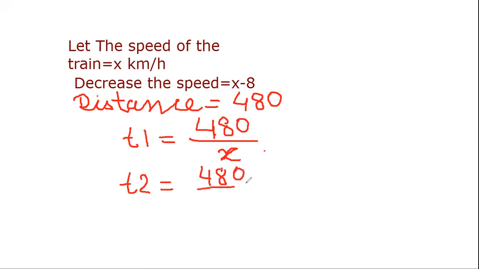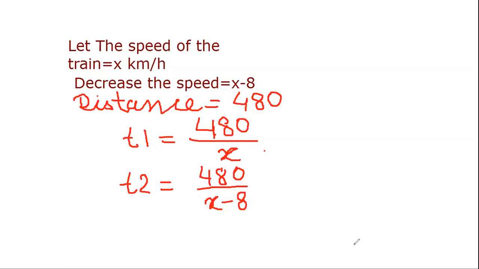Okay, just keep one thing in your mind: if you decrease your speed, you have to take 3 hours more to complete the distance. And another thing, always subtract the smaller number from the greater number. And here, which one is greater? Yes, when the denominator is less, the number is greater.